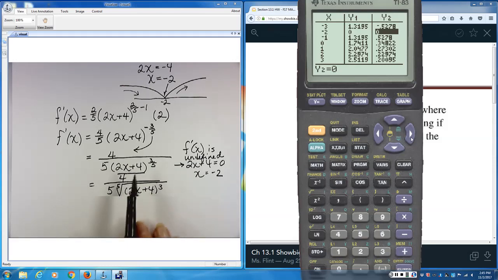Be careful of numerical differentiation. Most of the time it works. But the problem is it's a numerical process. It substitutes in numbers, and it does what you learned about in chapter 11. It'll substitute in this number, and then it'll move a little closer, and a little closer.